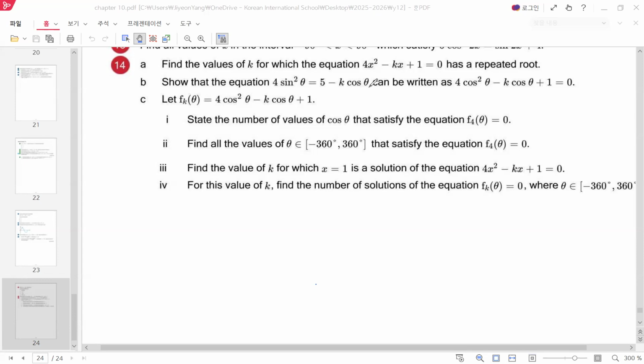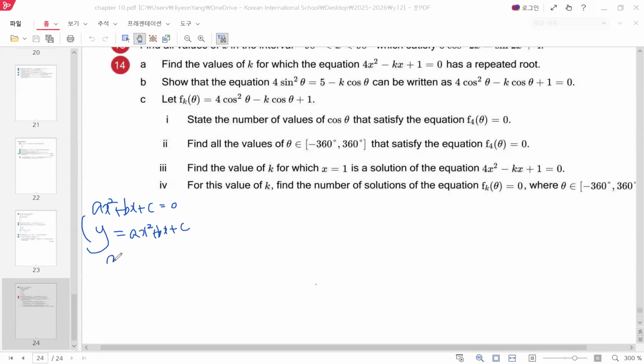Okay, so 14A is very good to bring back our memory. So students, if the quadratic equation is given, ax squared plus bx plus c equals 0, or a quadratic function y equals ax squared plus bx plus c.